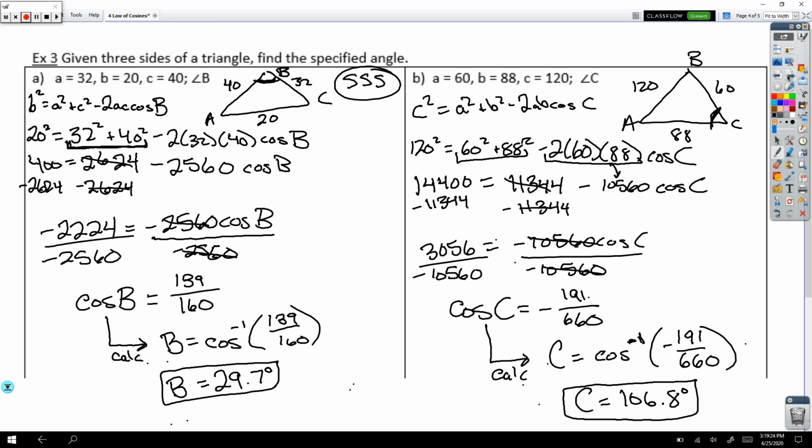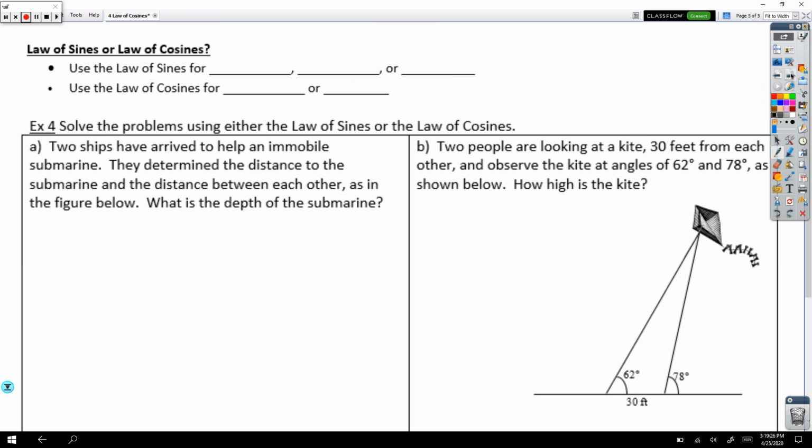Now let's just look at a little refresher here: when to use law of sines, when to use law of cosines. We mentioned that way back in the second video when we started doing law of sines, but just to refresh our memory, we use law of sines if we have an AAS triangle, an ASA triangle, or an SSA triangle. And as we just saw, we use law of cosines when we have SAS or SSS.